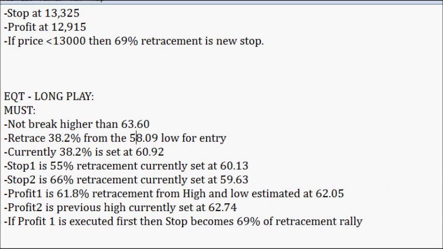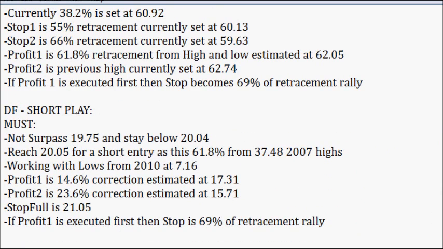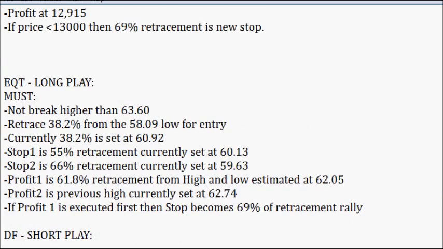And you can read the rest of it there. DF, which is Dean Foods, a short play. It must not surpass 19.75 and stay below 20.04. And it must reach 20.05 for a short entry. And those are the rest of the details in here. If they get executed, I'll explain them more later on, but they very well may not.